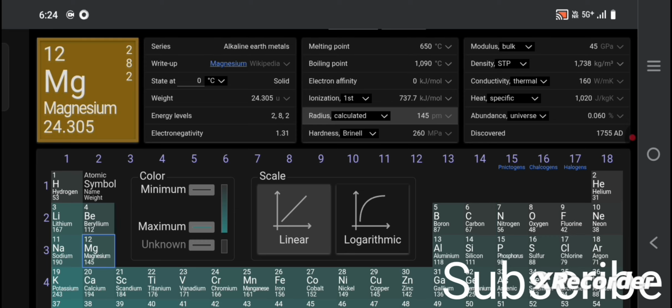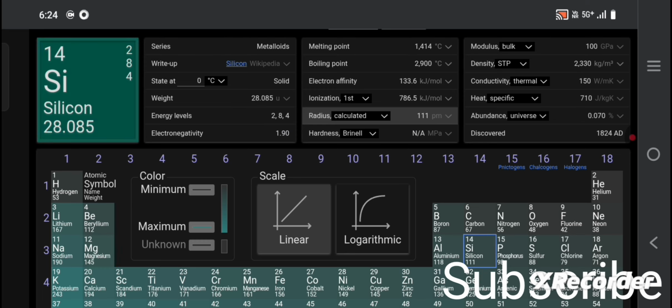That is, the distance between the nucleus and the outermost electron, the outermost orbital or shell, decreases. This results in a decrease in the atomic size, so that's why the atomic radius decreases.